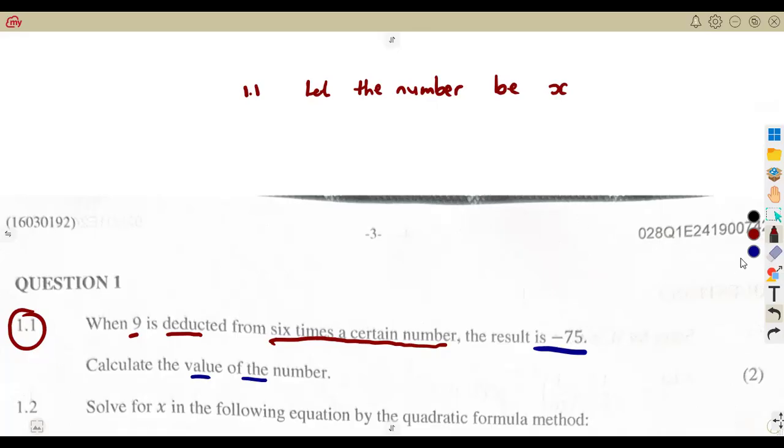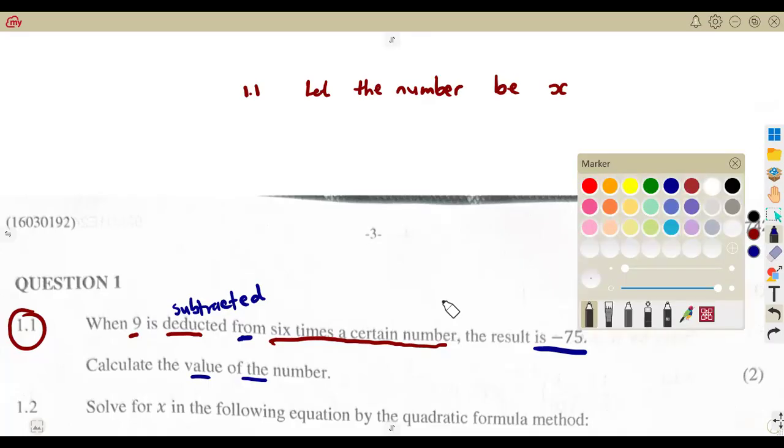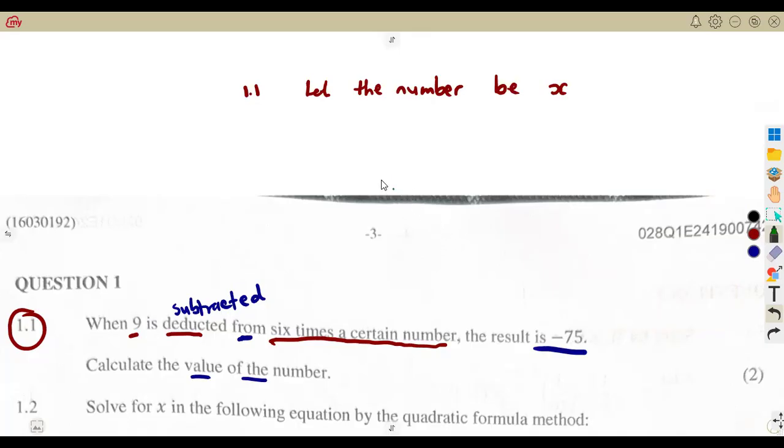So if we have a number which is called X, we know to deduct is to subtract. Let's go back to normal values. Subtract 3 from 7.